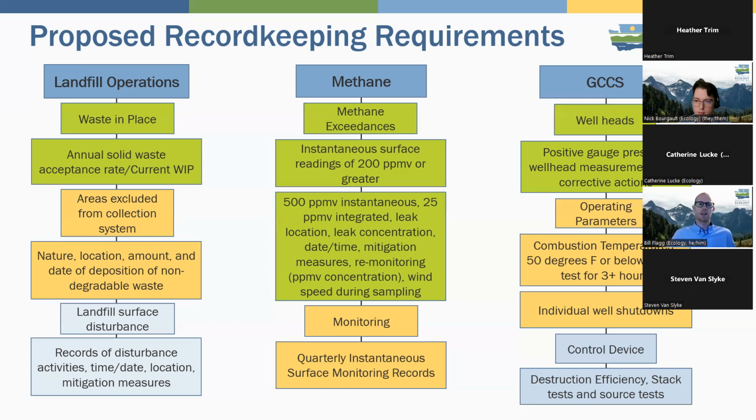But surface disturbance, as it stands now, means disturbance based on installing, expanding, replacing or repairing components of a landfill cover system, the landfill gas collection and control system, the leachate collection and removal system, or a landfill gas condensate collection and removal system. So an owner or operator will be required to keep records on any sort of surface disturbance on the landfill.